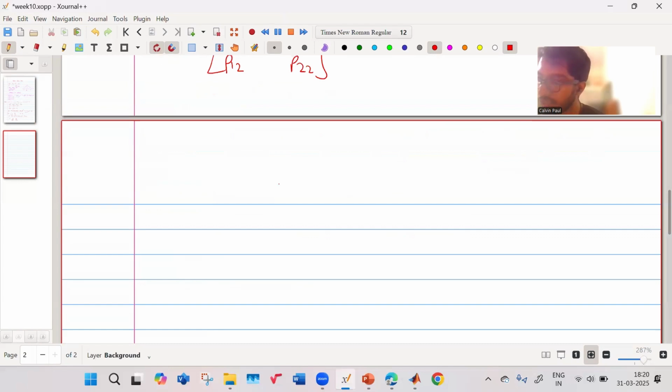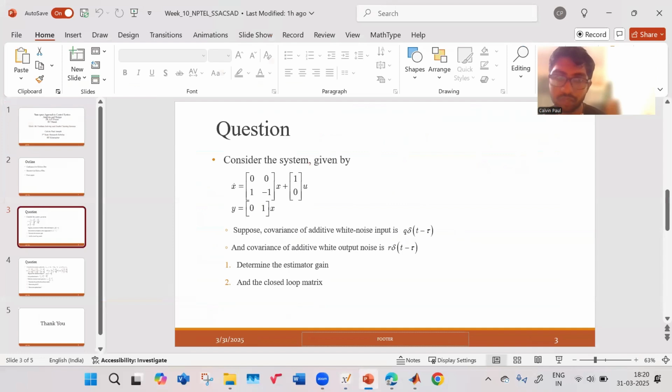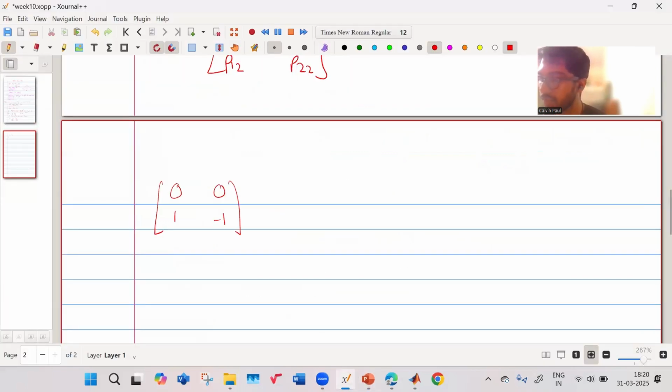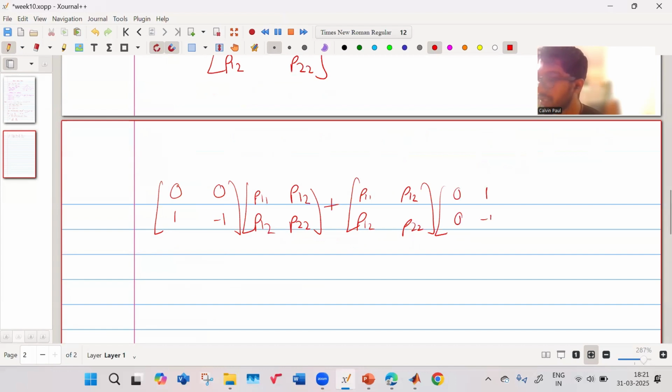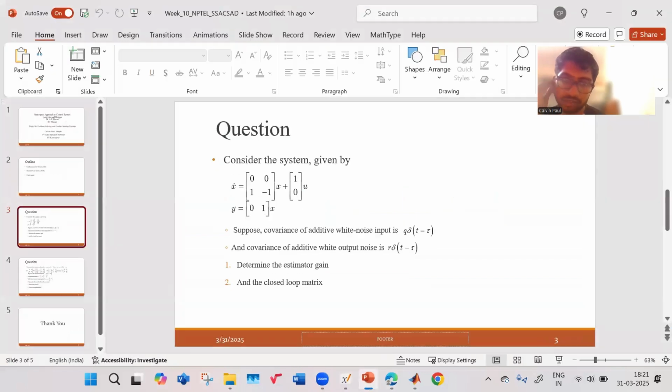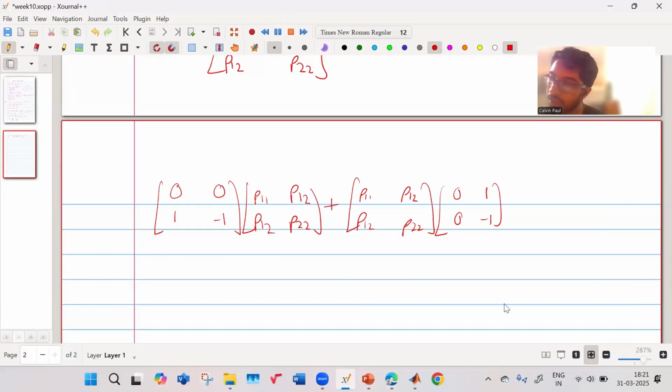Now if we do A into P, A is [0 0; 1 -1], times P which is [P11 P12; P12 P22], plus P into A transpose, where A transpose is [0 1; 0 -1].